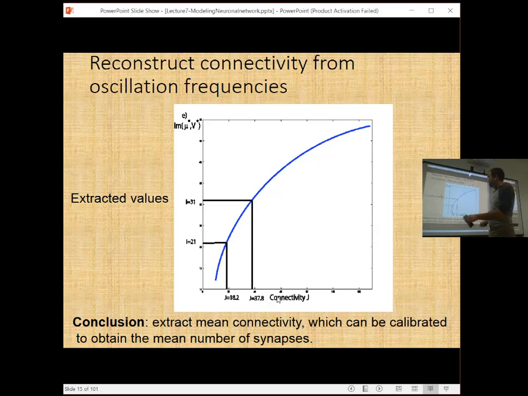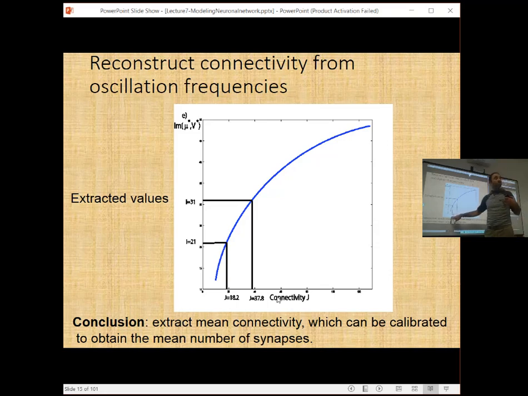And so at that time, we plotted this imaginary part. It was very nonlinear. And we looked at the connectivity, and we could measure some of the oscillations. And we said, all right, if you have specific oscillations here, we went back to the level of connectivity.